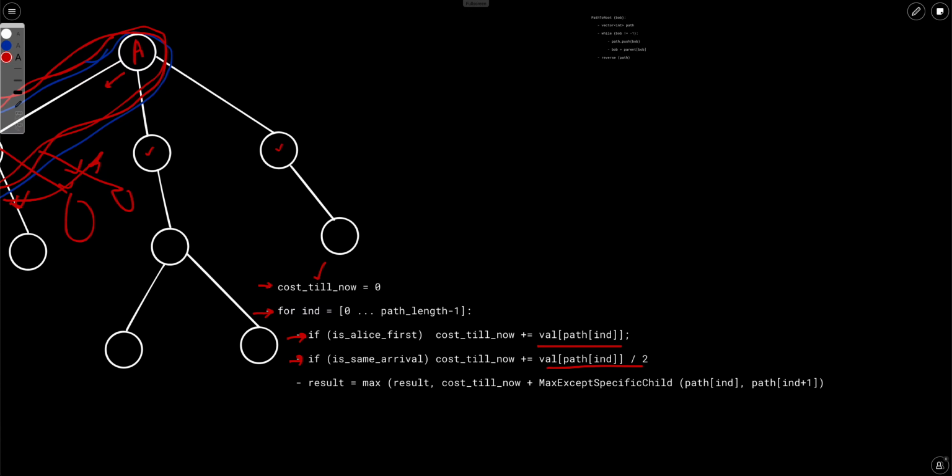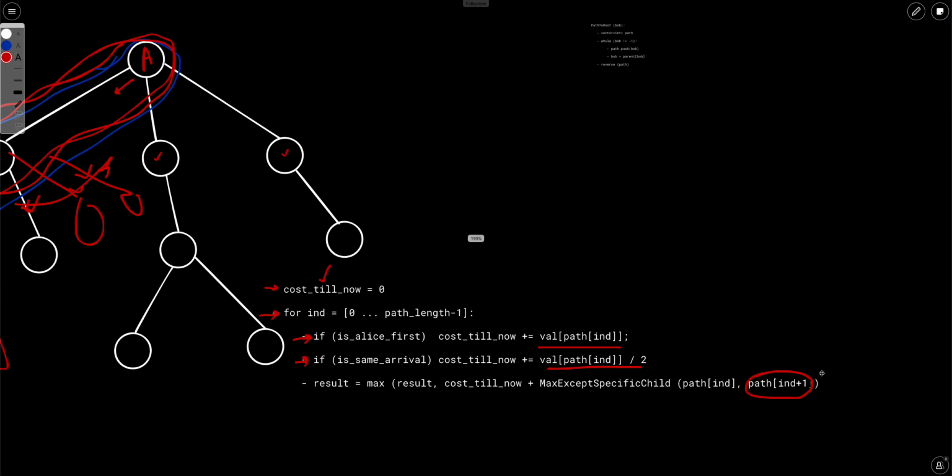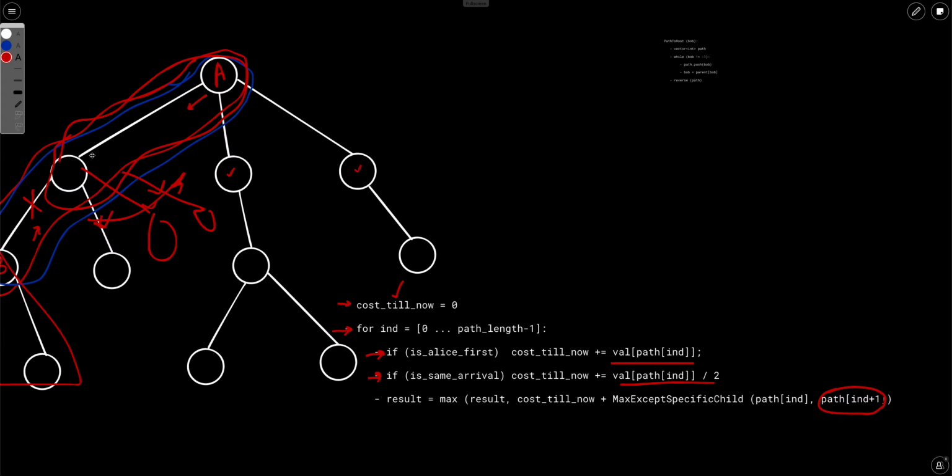So let's say you wrote another function which says just take out the maximum across all the children except one child. So you can just pass the value of that child. So the value of that child would be the next index. So the current index would contain this node, the next index would contain the next node, right? So you just pass the value of the next node.